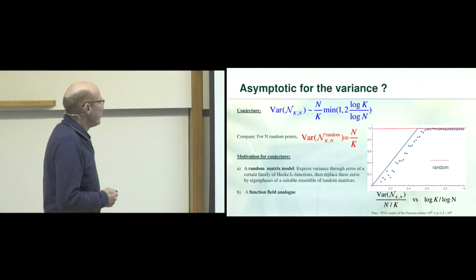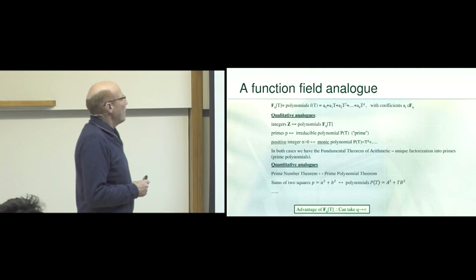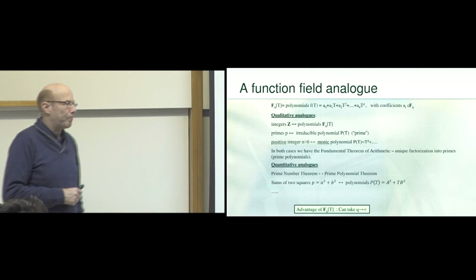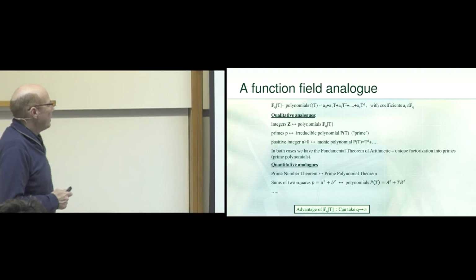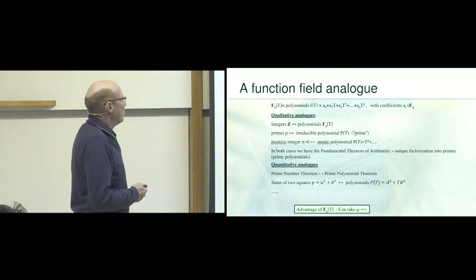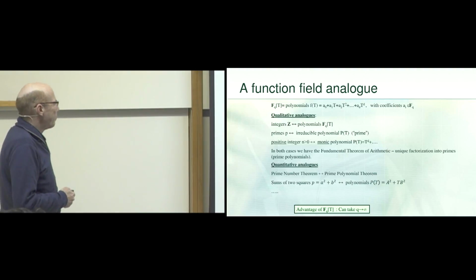Okay? So we now go back to the world of polynomials over a finite field. They are like the integers, and instead of primes, I look at irreducible polynomials, which are monic, to play the role of positive polynomials.